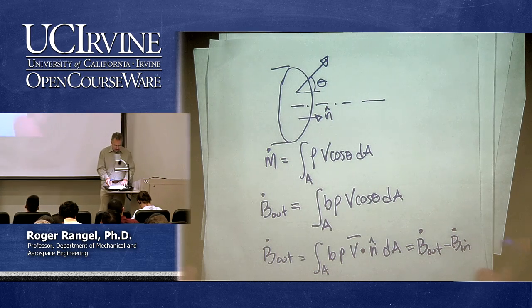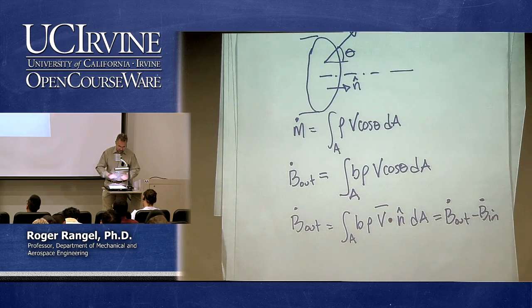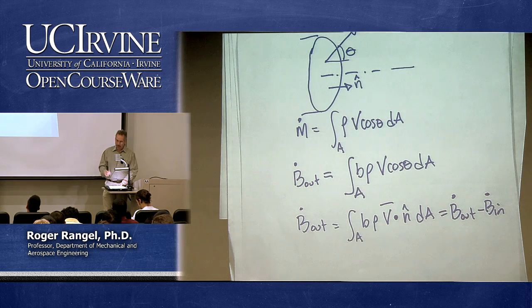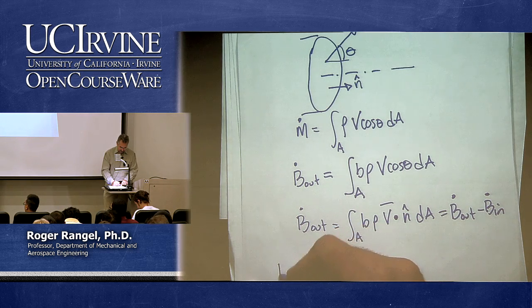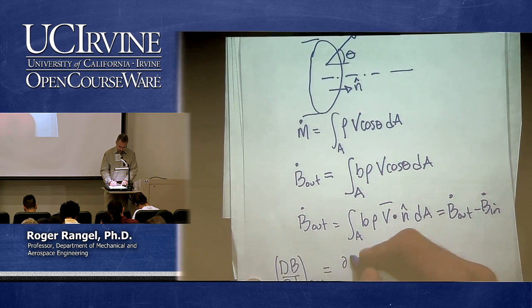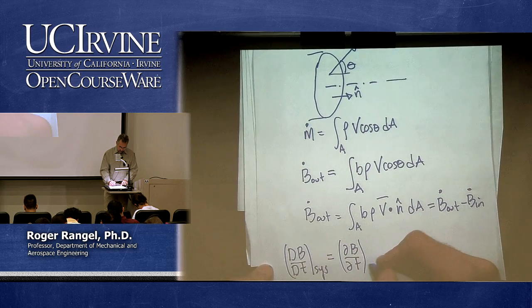So I can now go back, and I'll probably end it here because we won't have time to go over the rest, and rewrite my not so simple Reynolds transport theorem as dB/dt for the system is equal to partial B partial t for the control volume.